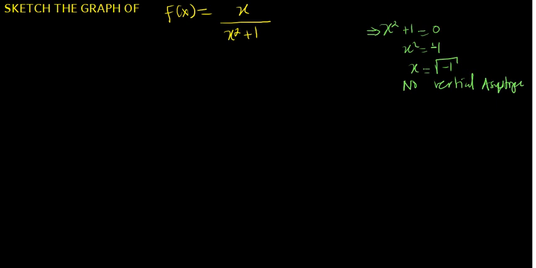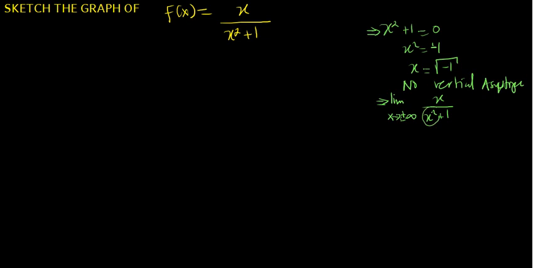Now, another thing is to consider the horizontal asymptote. For the horizontal asymptote, you take the limit as x approaches very big numbers, either positive or negative infinity, of this function x divided by x squared plus 1. We look at what we have in the denominator.